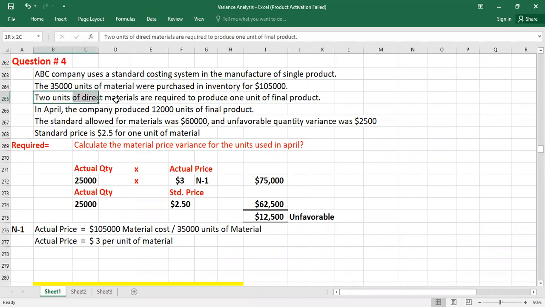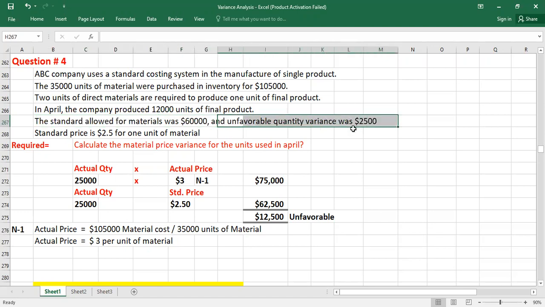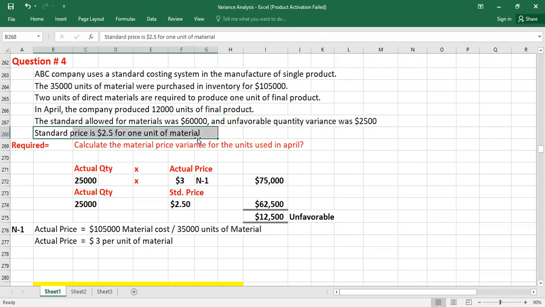They also told you 2 units of direct material are required to produce 1 unit of the final product, and in April the company produced 12,000 units. This is the actual production, and the standard allowed for these 12,000 units was $60,000. The unfavorable quantity variance is $2,500, and the standard price is 2.5 for 1 unit of material.